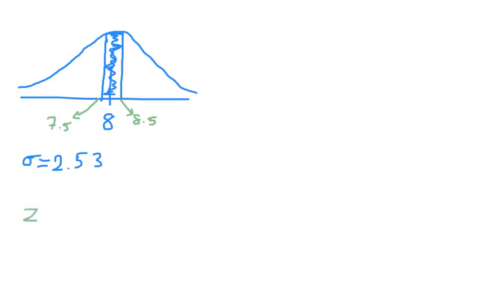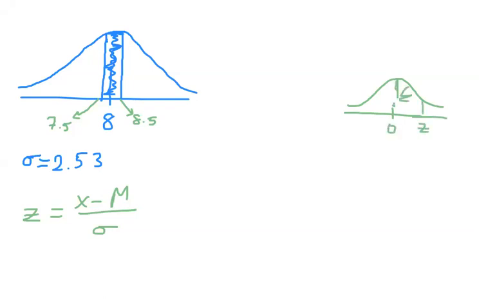What do I know? I have a formula: Z is equal to x minus mu over sigma. In our book, the Z table gives us the area between Z and 0, from Z until the mean.